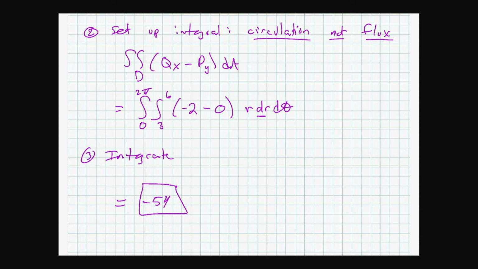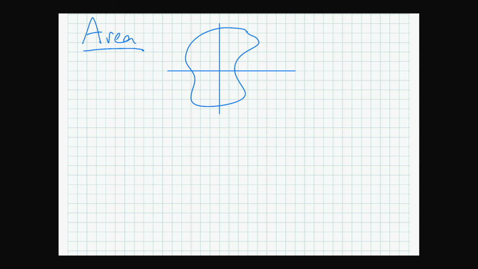So I'm not going to derive this, but I'm just going to write it. Area. Okay, so here's the deal. So if you've got this kind of shape, okay, so we got this.